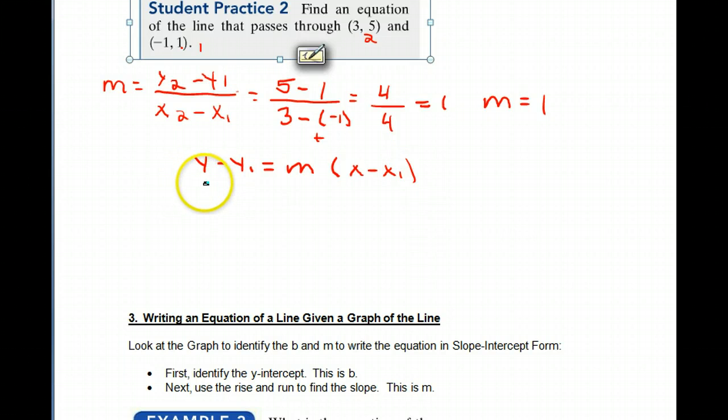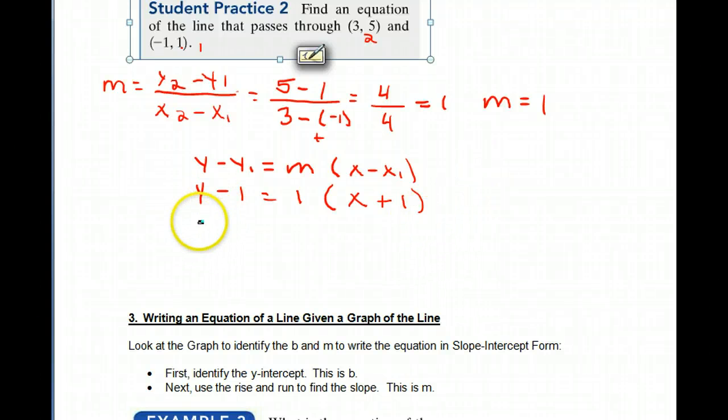Again, it makes no difference which point we use. I'm going to use point 1. So I'm going to plug in y minus 1 equals 1 times x plus 1, because minus a negative turns into a plus.